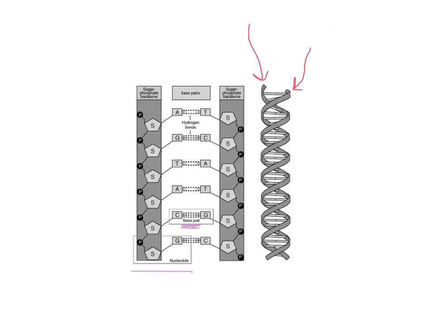And in the center of this molecule are these bases, and they're hydrogen bonding with one another. When you're talking about the sugar phosphate backbone, you're talking about this part of the DNA molecule.